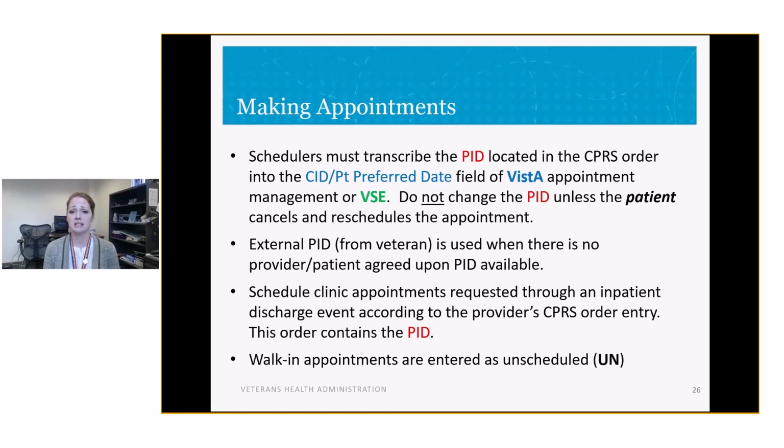What this means is that when a patient is admitted to the hospital, there are discharge instructions, and that patient has to be seen within 7 days of their discharge by their primary care provider. The discharge instructions are going to include them following up with their primary care provider, and whatever date is entered in those discharge instructions is going to be the PID.